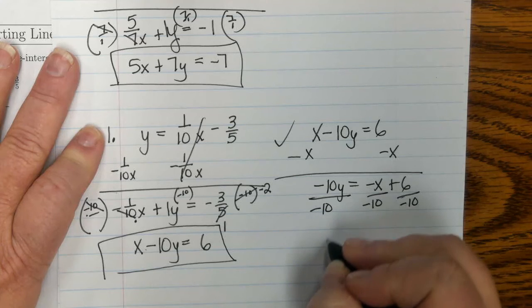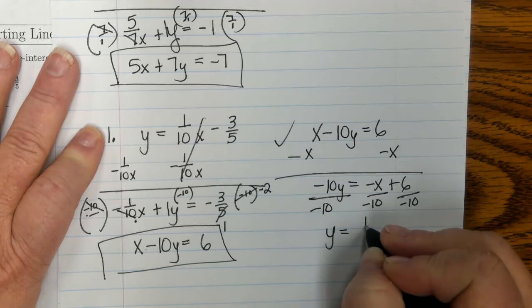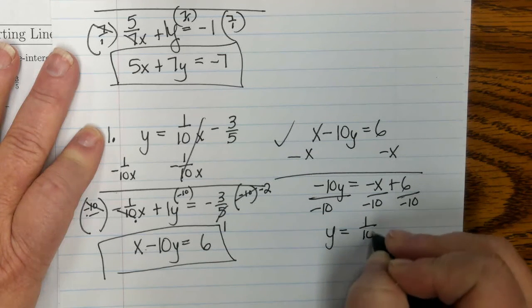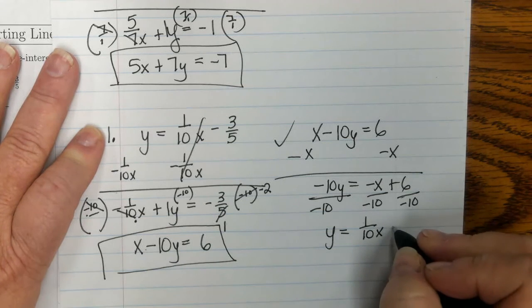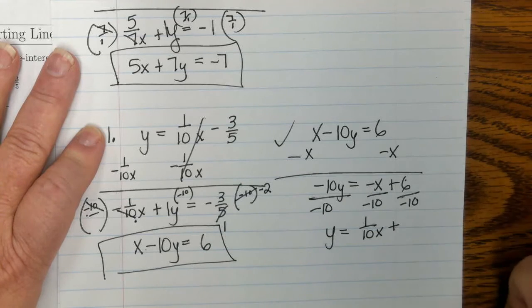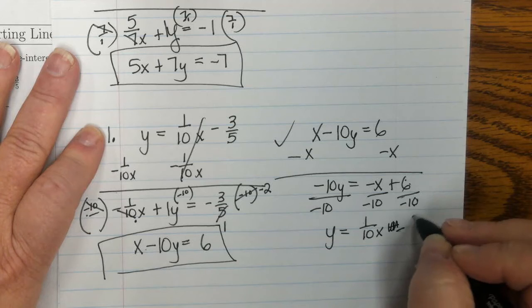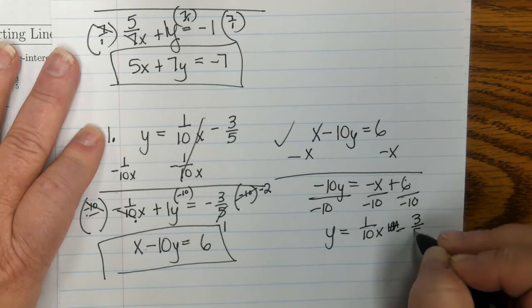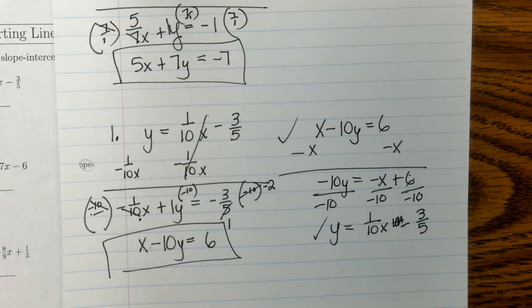And I'm going to get y is equal to, what happens here? 1/10 x, right? It's positive. And then I've got plus, and you simplify your 6 over 10. It's not even a plus anymore, is it? It's a subtract 3 over 5, because 2 goes into 6 3 times, 2 goes into 10 5 times, so there's my check.